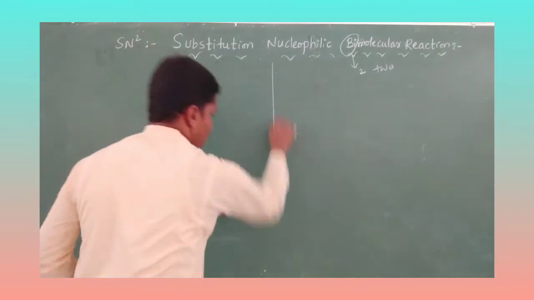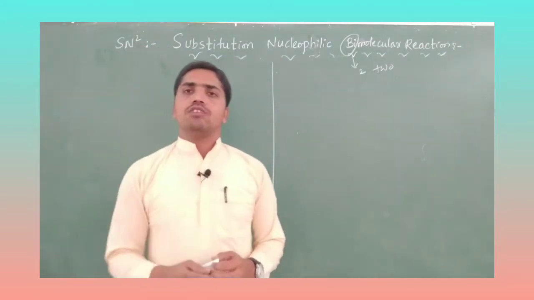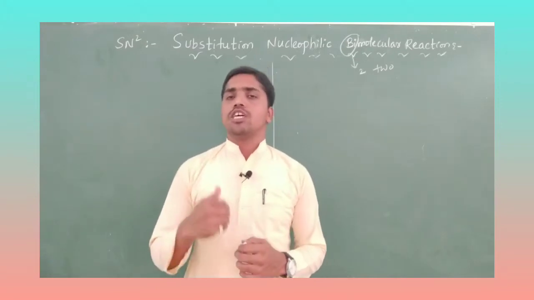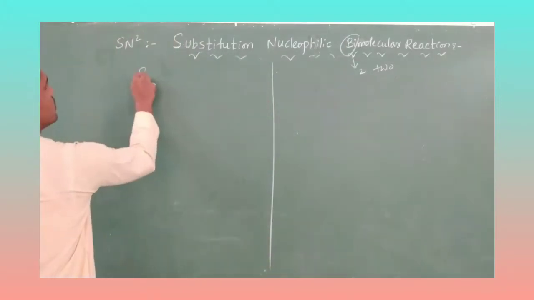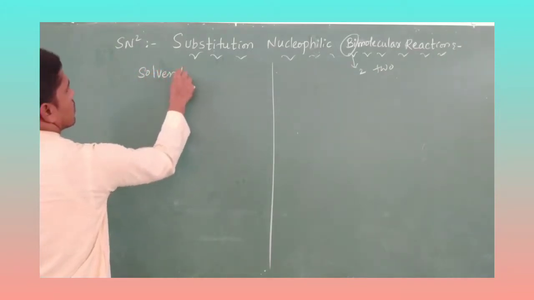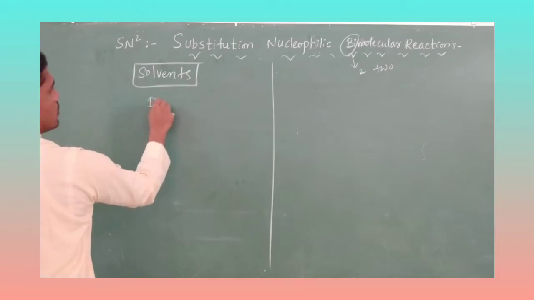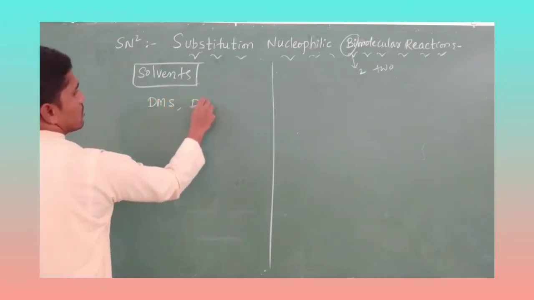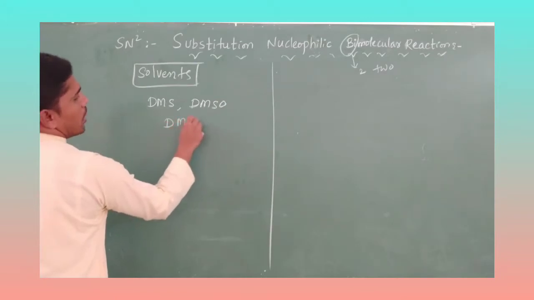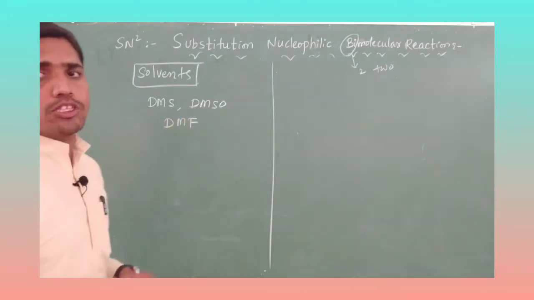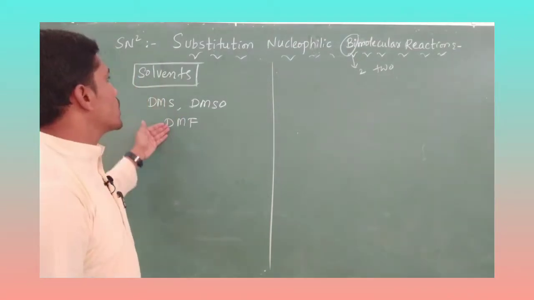First you have to remember what type of reagent or solvent we are going to use in SN2 reaction. First solvent is DMSO, and one more thing, DMF. These are the examples that we are going to use in an SN2 reaction.